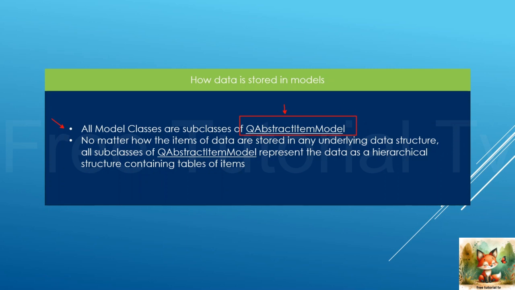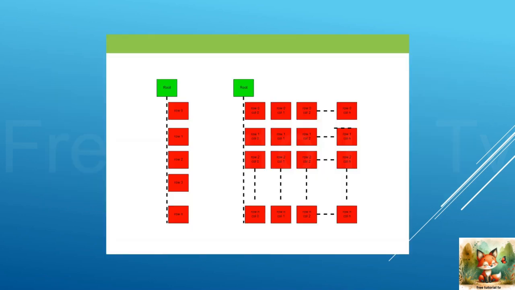So no matter how the items of data are stored in any underlying data structure, all subclasses of QAbstractItemModel represent the data as a hierarchical structure containing tables of items. So what do I mean here? Well, our models are going to be represented like this.